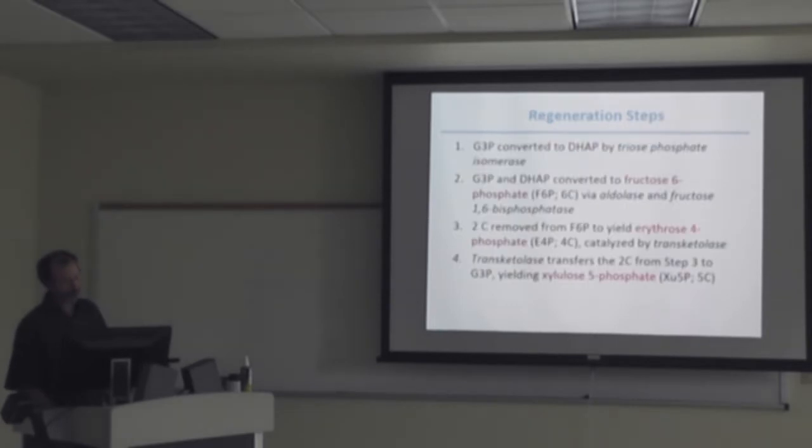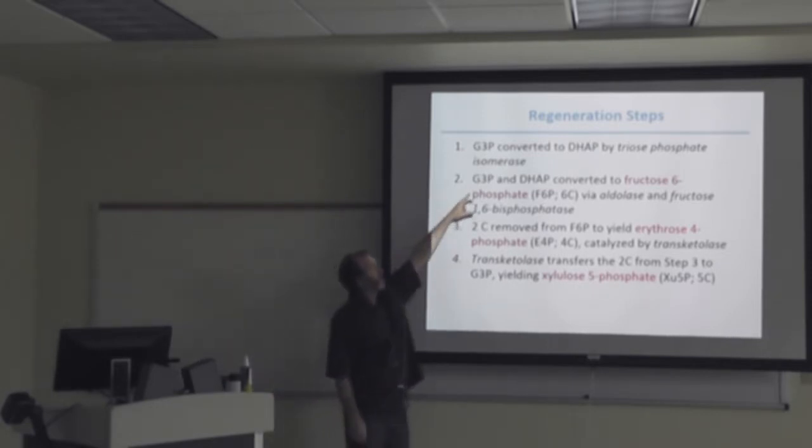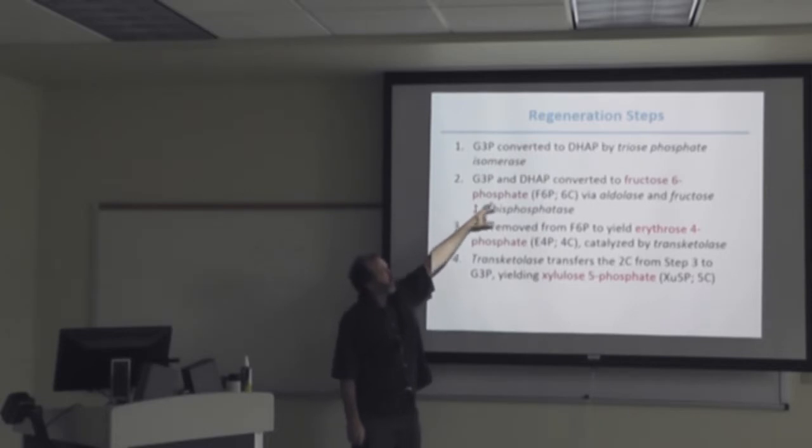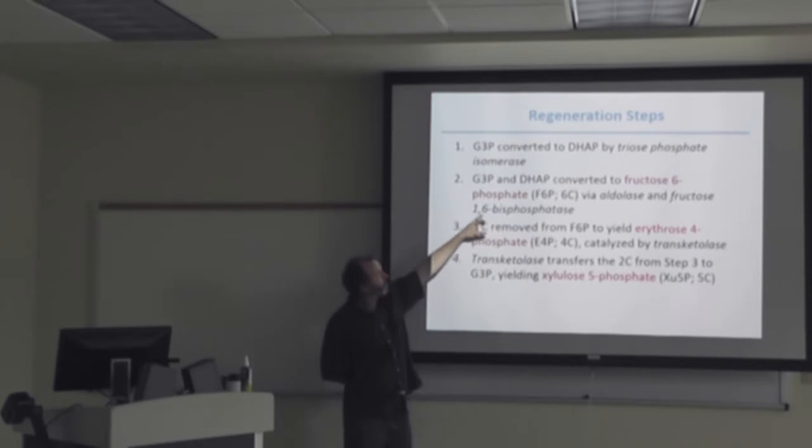And the steps are, glyceraldehyde 3-phosphate is converted to DHAP by triose phosphate isomerase. Glyceraldehyde 3-phosphate and dihydroxyacetone phosphate are converted to fructose 1,6-bisphosphate, which is a 6 carbon, via aldolase, and fructose 1,6-bisphosphatase then removes that phosphate, right?